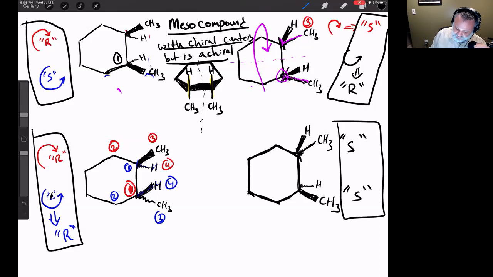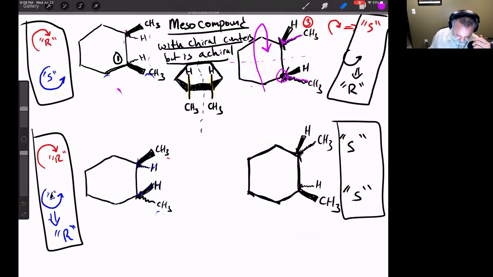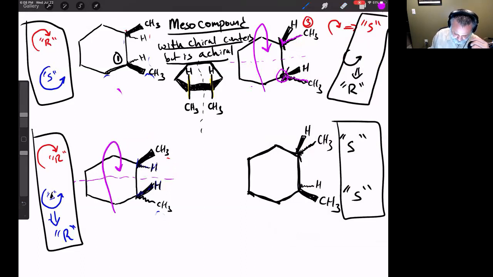If I flipped this molecule over, would I get the same thing? In other words, shouldn't I apply that same logic to the molecules down here? Well, let's see what would happen. Where would the orientation of the groups be if I have the same axis and I flipped it over along that axis?